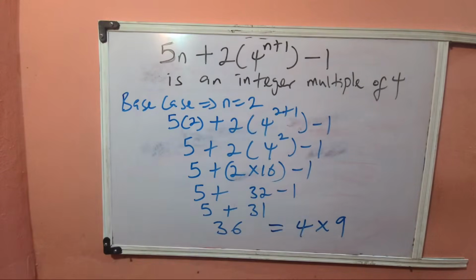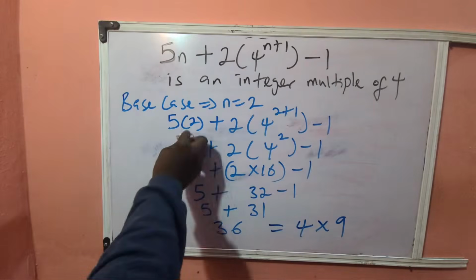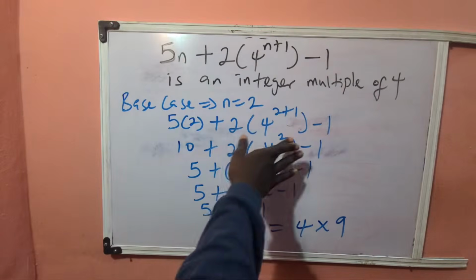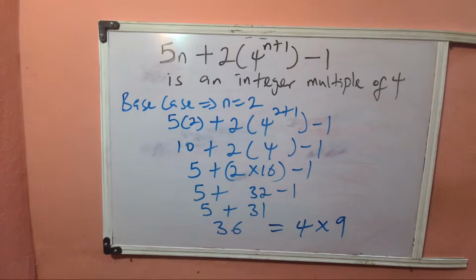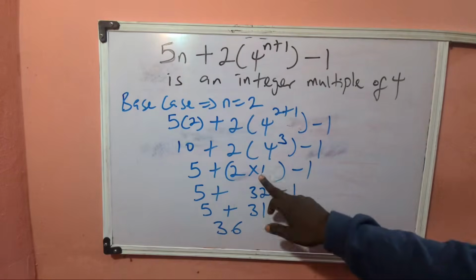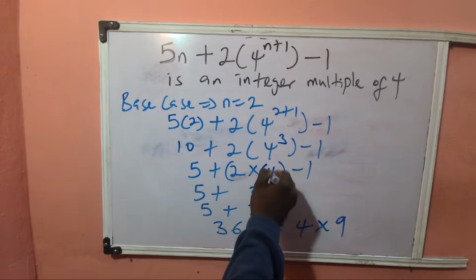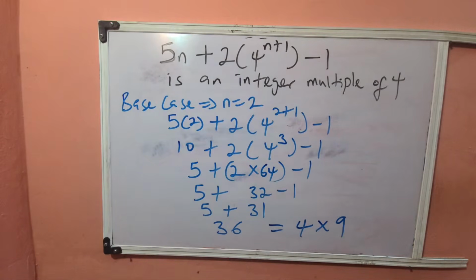We'll be having 5 times 2, which is 10, and 4 raised to the power of 3. 4 raised to the power of 3 is 64, and 64 times 2 will give us 128.